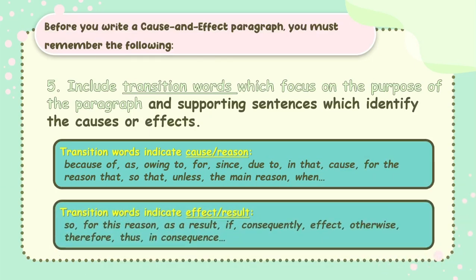For the transition words indicate effect or result, we have so, for this reason, as a result, if, consequently, effect, otherwise, therefore, thus, in consequence, and a lot more.